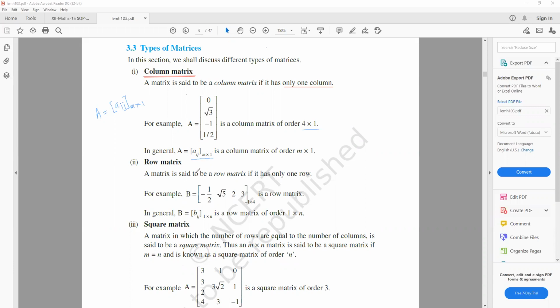It's a column matrix of order m by 1. For example, if you write 2, 5, this is a column matrix of order 2 by 1.